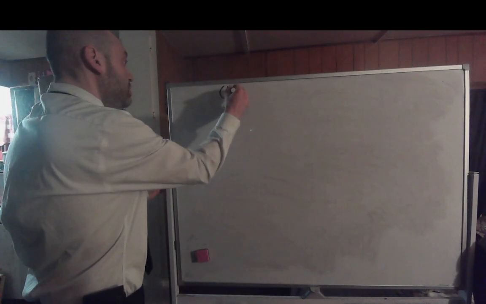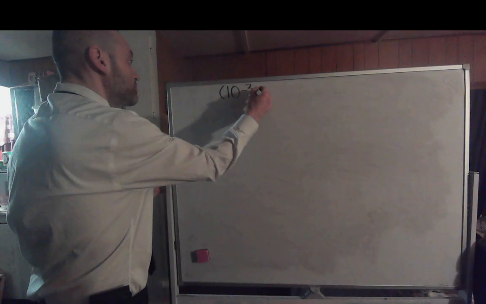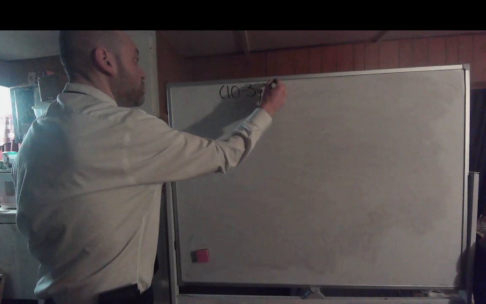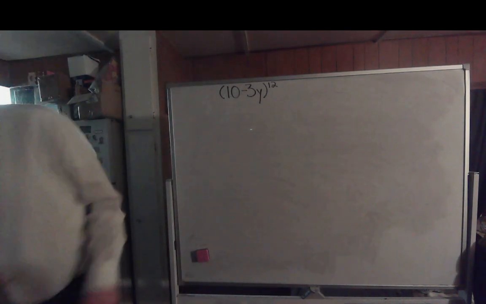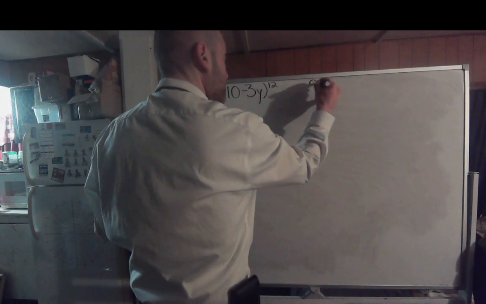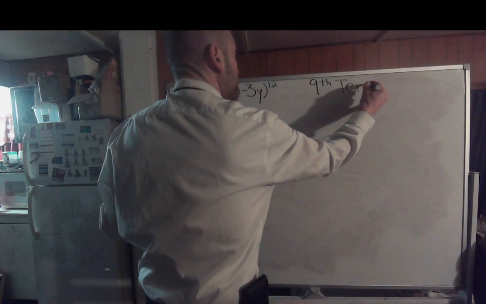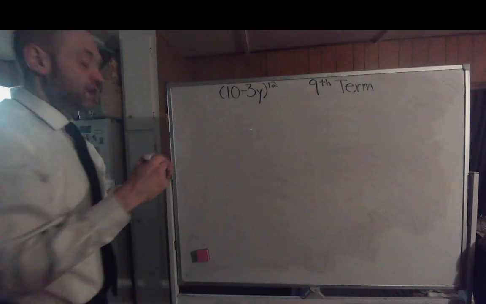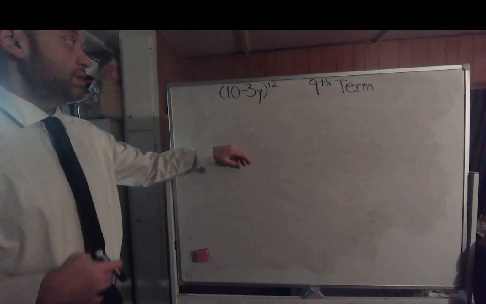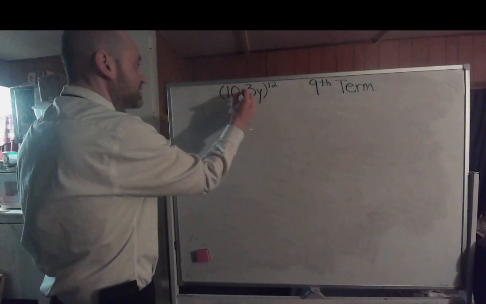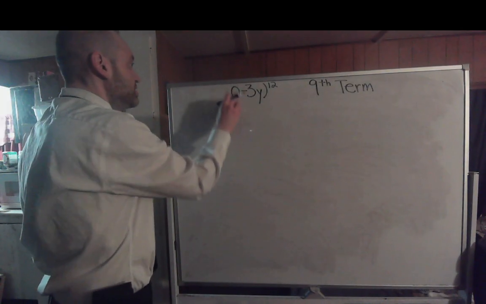So we have the quantity of 10x minus 3y raised to the 12th power. We are seeking to find the 9th term. So we are going to find the 9th term of this binomial raised to the 12th power. Whoops, this should be 10x, not just 10, excuse me.